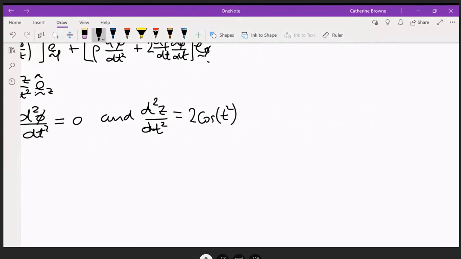And then we leave the 2t alone and differentiate the cos t squared, so we get another 2t, so we get 4t squared, we go back to sine, and of course the negative.